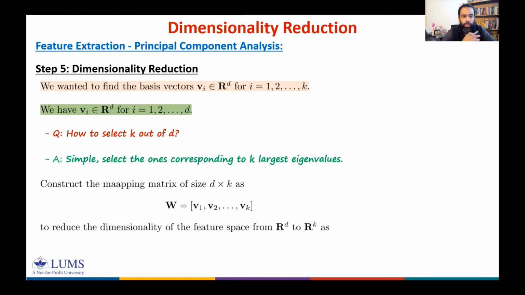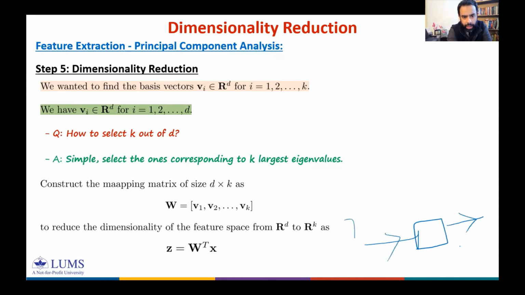Once we have this W, we get Z. Z is simply a linear transformation of X using W. This reduction in dimensionality can be better understood as a system.